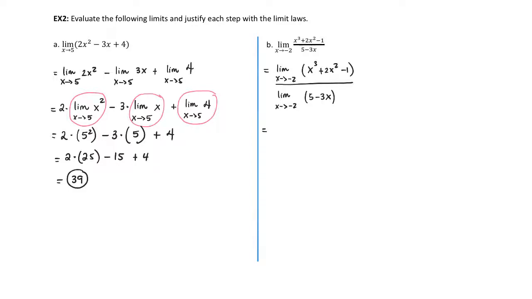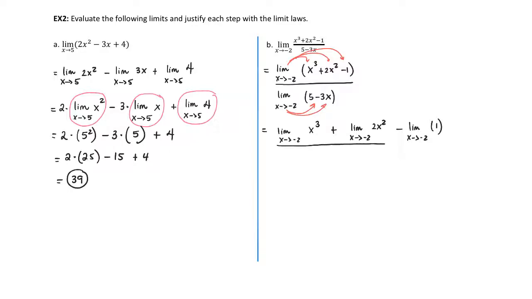Then, continuing with the formality of the rules, now this limit is applied to every single term in the numerator and same thing in the denominator. So this will be the limit as x approaches negative 2 of x to the third, plus the limit as x approaches negative 2 of 2x squared, minus the limit as x approaches negative 2 of 1.